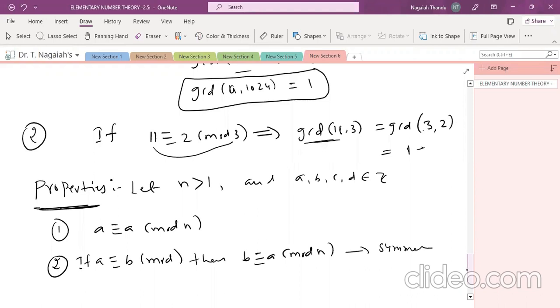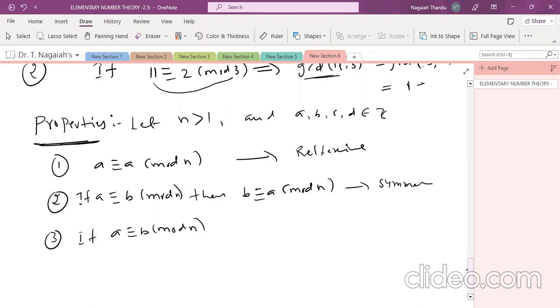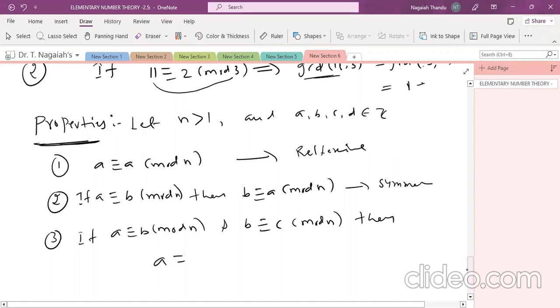Now the transitive property: if A is congruent to B modulo n and B is congruent to C modulo n, then automatically A is congruent to C modulo n.